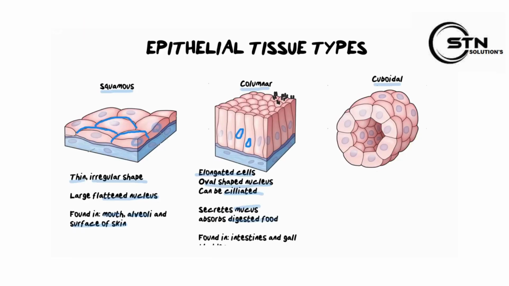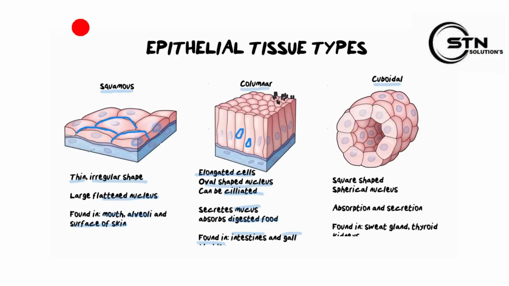Often, this is the site of absorption. It's where food is digested in your stomach, and then when it moves into the small intestines, that needs to be absorbed, and it's the columnar's job to do that. And so, popular places that we find our columnar epithelium is in your intestines and also in your gallbladder as well.